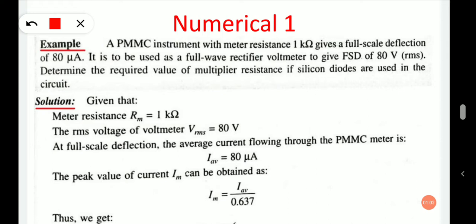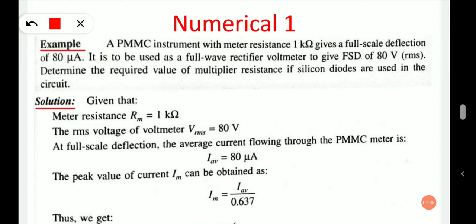Next statement is it is used as a full wave rectifier voltmeter to give full scale deflection of 80 volt, that is RMS voltage. So RMS voltage of voltmeter Vrms is given, that is 80 volt. Determine the required value of multiplier resistance if silicon diodes are used in the circuit.